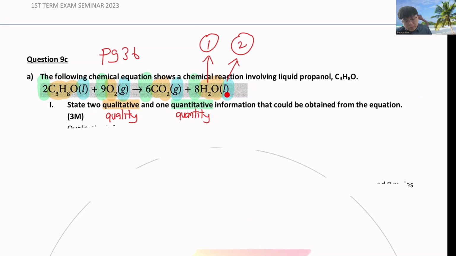The second qualitative thing that you know is this one in the brackets. Bracket L means liquid, bracket G means gas, then solid, aqueous.